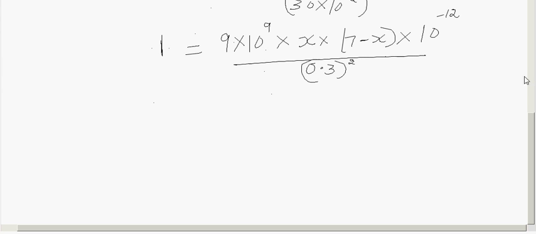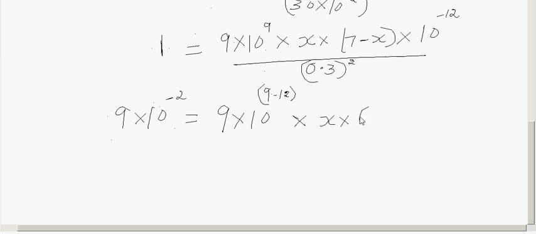Now 0.3 square can also be written as 9 into 10 to the power minus 2. 3 square is 9, so it is 0.09, which is nothing but 9 into 10 to the power minus 2, equal to 9 into 10 to the power 9 minus 12 into x into 7 minus x.